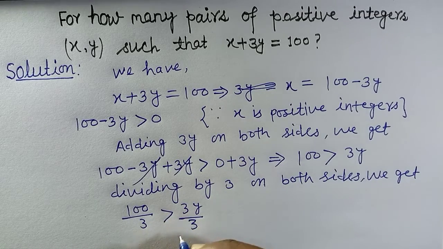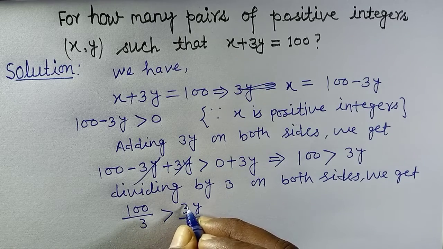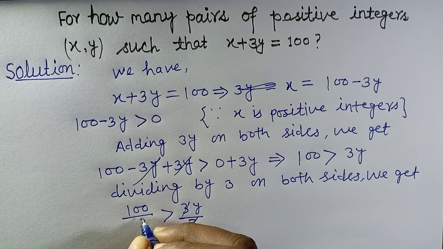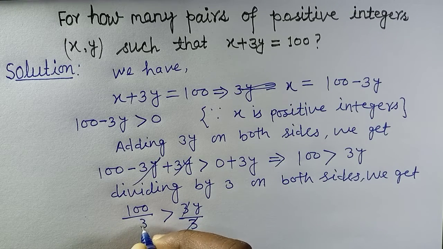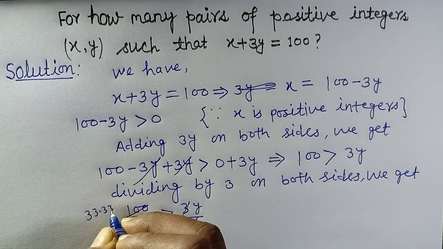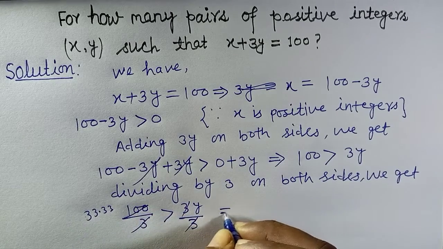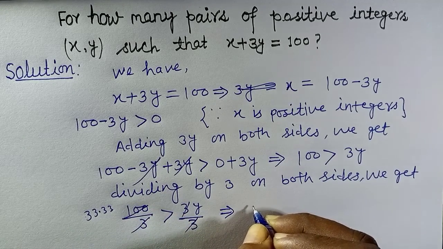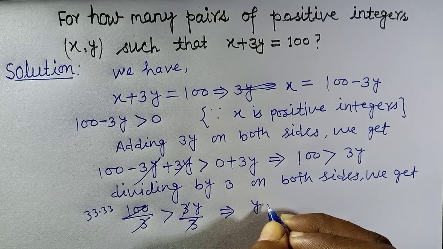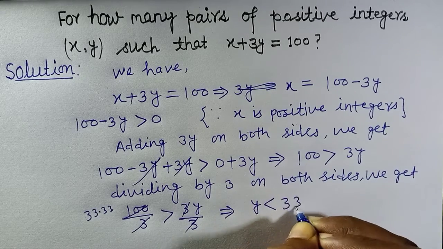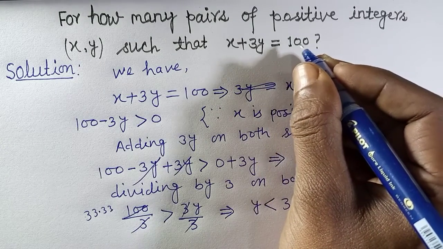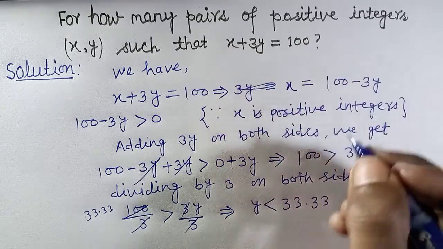So here the 3 and 3 will cancel out, and if we divide 100 by 3 we get 33.33. So from here we get y is less than 33.33, but it is given that x and y should be positive integers.